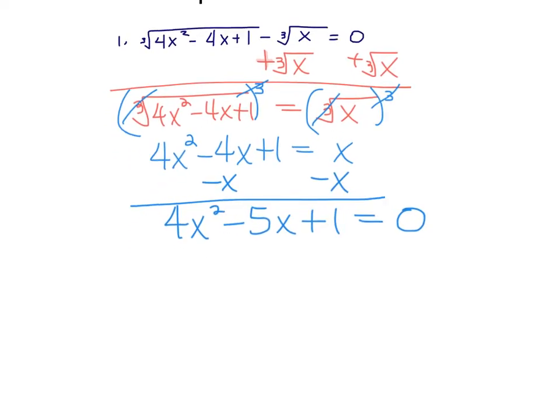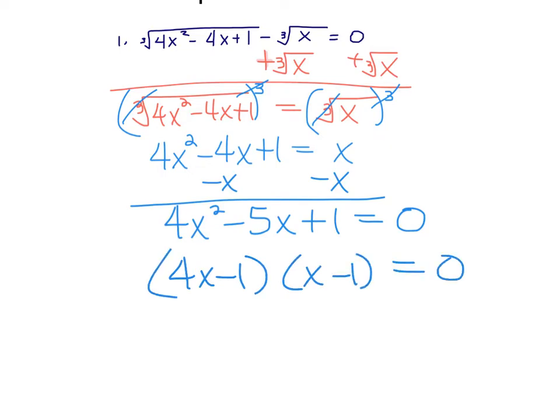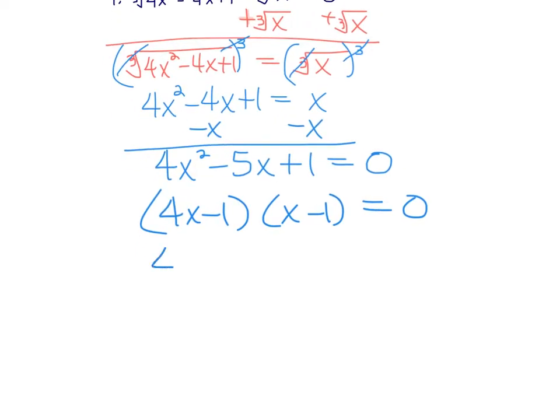So this trinomial will actually factor into 4x minus 1 and x minus 1. So the factors of 4 are 4 times 1, and the factors of positive 1 are negative 1 times negative 1. Now that I factored the trinomial, I set each equal to 0. So 4x minus 1 equals 0, and x minus 1 equals 0.